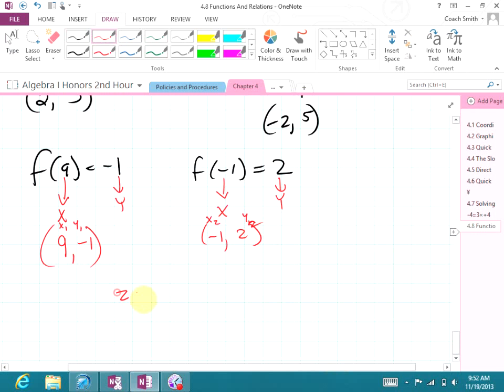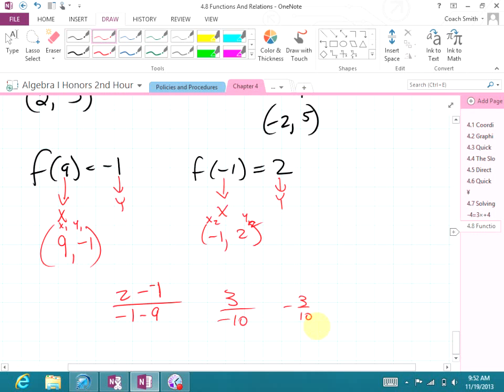So that's 2 minus negative 1 on top. On bottom, we have negative 1 minus 9. On top we have 3, and on bottom we have negative 10, which is negative 3 over 10.